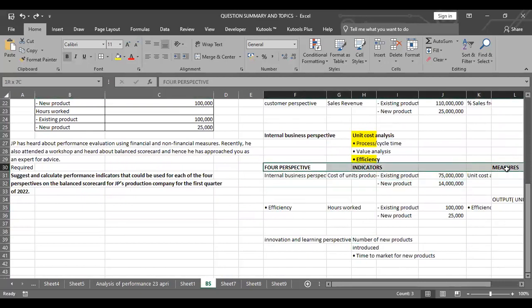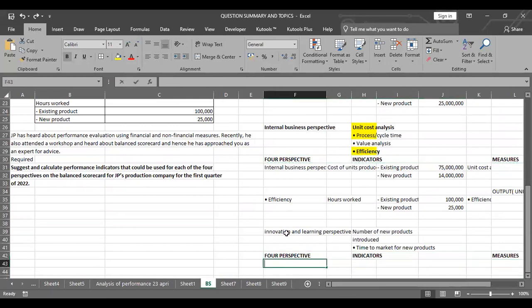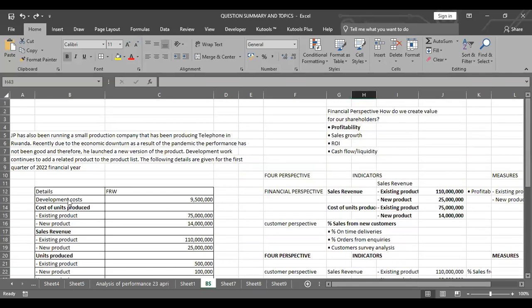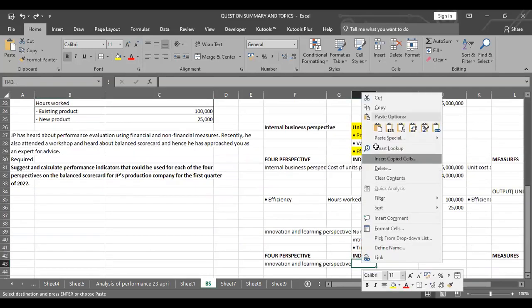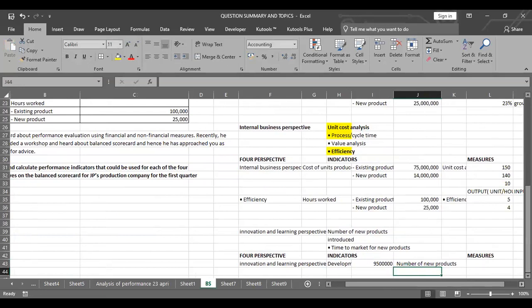So again, this perspective here, if you analyze it, this is on innovation, and the indicators again will be only the research and development here. How much is research and development efficiently giving us some outcome for it? So we'll check into that. Basically it means in this context, we are trying to see the number of products introduced in relation to that money that is being used for that.